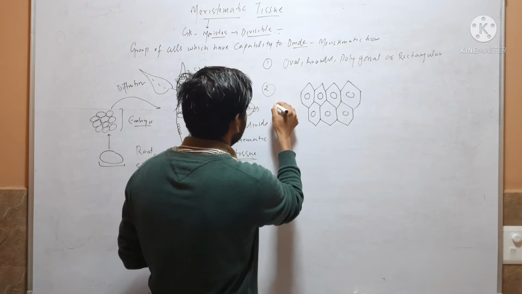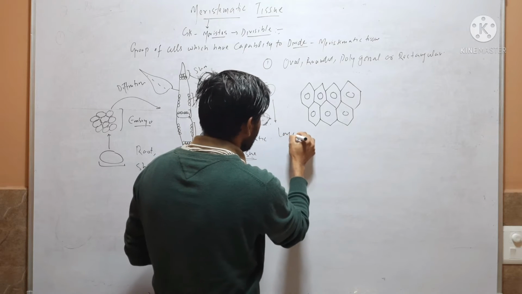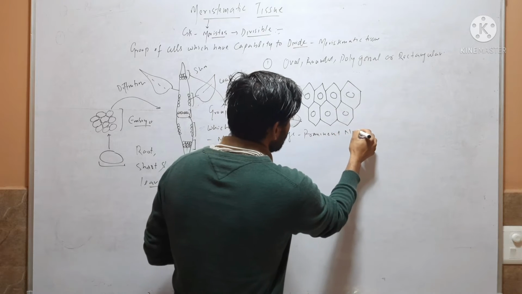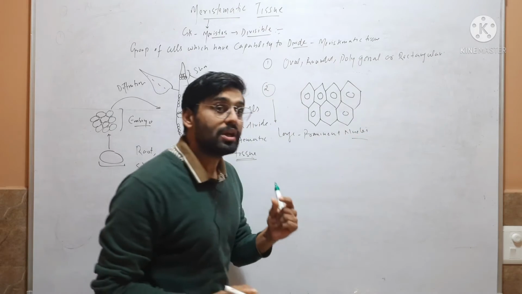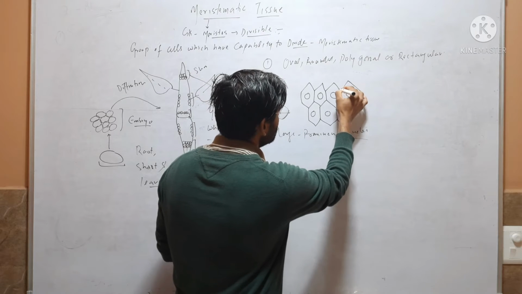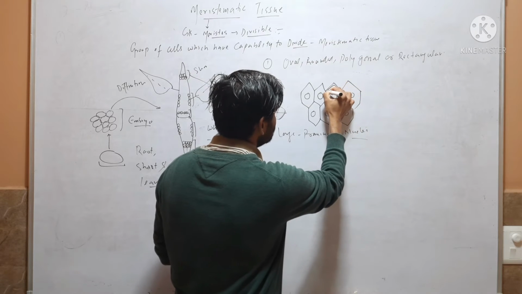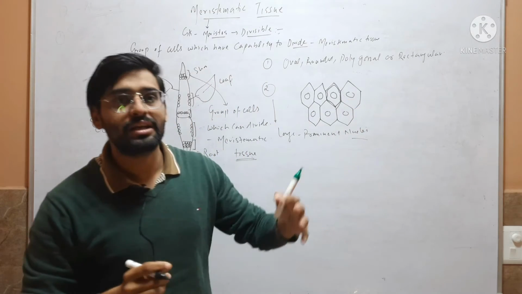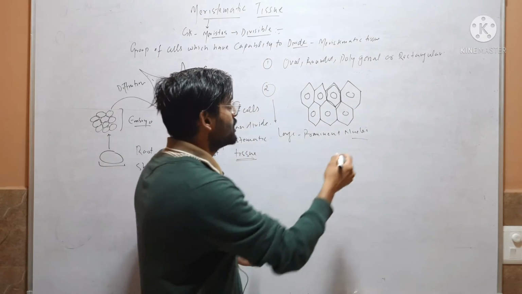Second is large prominent nuclei, and only a primary cell wall is there. So only a basic thickening is there. Only a primary cell wall is formed. No secondary or tertiary cell wall is formed.